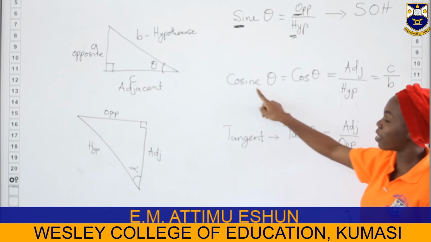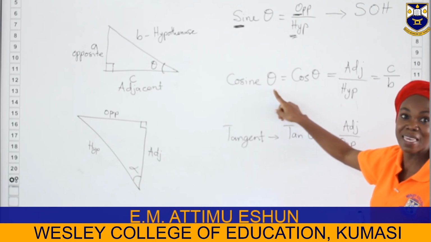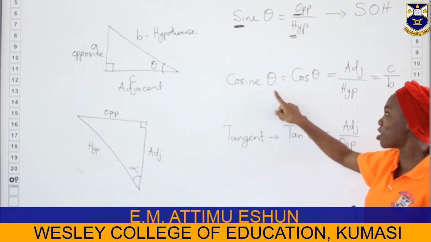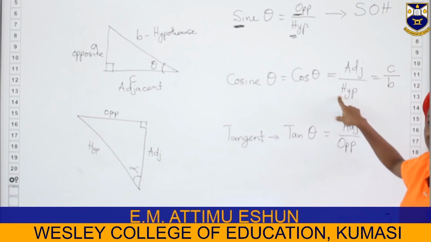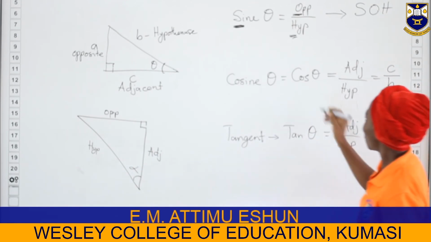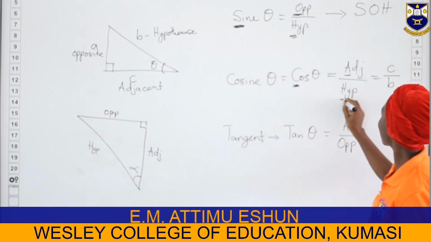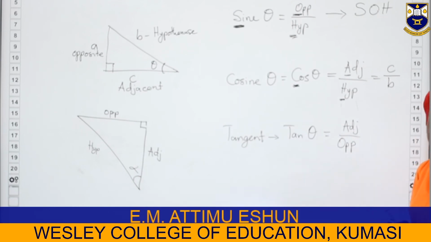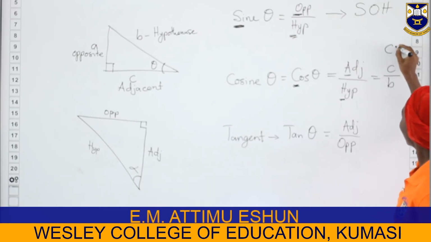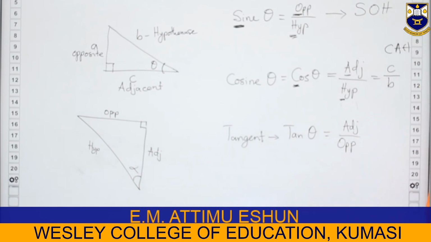What then will be the short form for remembering the ratio for cos theta? The letters we are considering are C, A, and H. And so we'll have CAH.